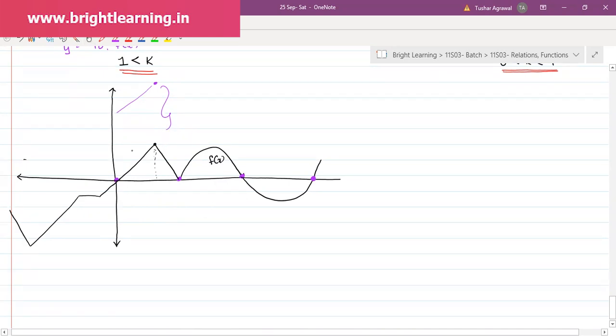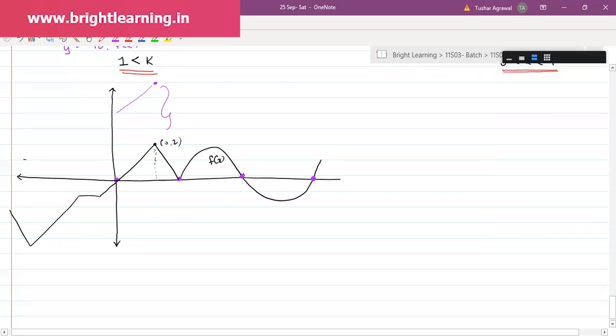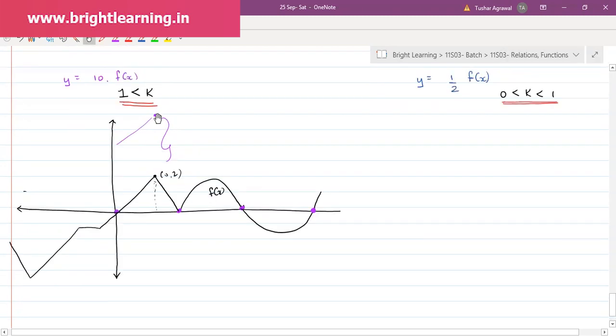because not each and every point is going upwards by 18 units. Let's say if this point is 0, 2, the black point image is y. Now the purple point image is 20, meaning an 18 unit jump. But here the y image is, let's say, 1.